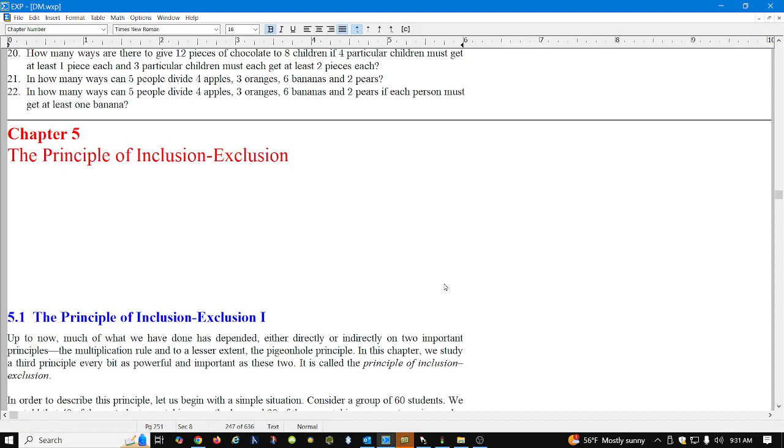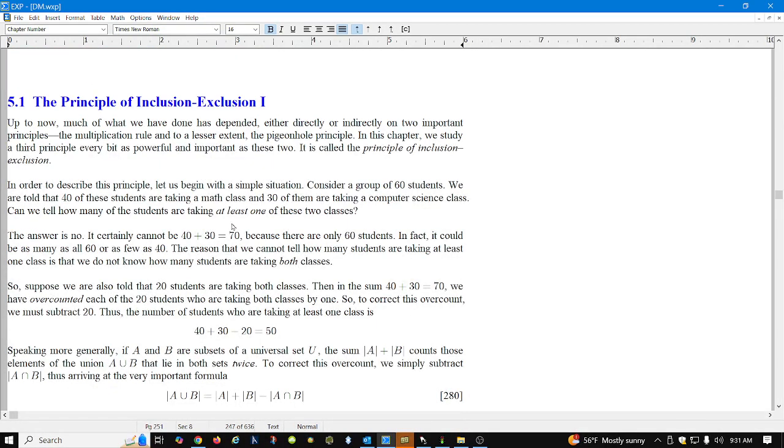In this video, we're going to begin Chapter 5 of the accompanying book, The Principle of Inclusion-Exclusion. Up to now, much of what we have done has depended either directly or indirectly on two important counting principles: the multiplication rule, also known as the fundamental counting principle, and probably to a lesser extent the pigeonhole principle, still very powerful.